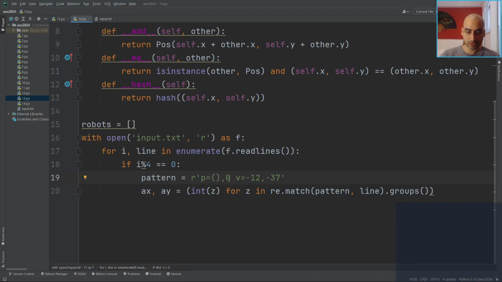Which is dot plus, plus, then p equals that, v equals that.